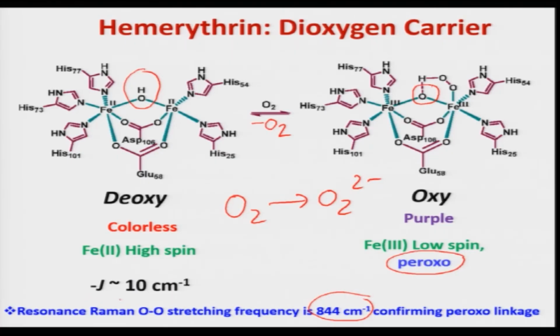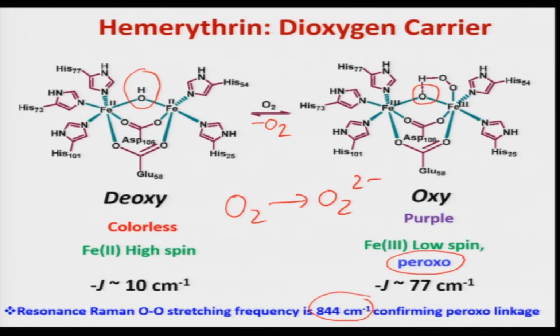The two iron centers undergo antiferromagnetic coupling, and the value is much less, like minus 10 centimeter inverse in case of deoxy state, whereas in Oxy-hemerythrin the value has changed remarkably. The coupling is much larger, minus 77 centimeter inverse.